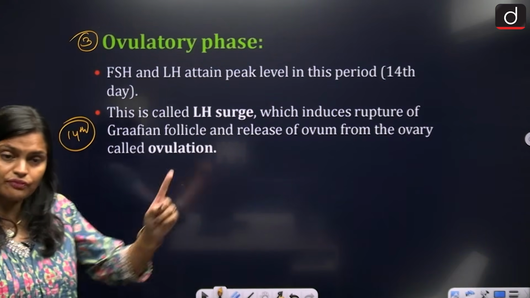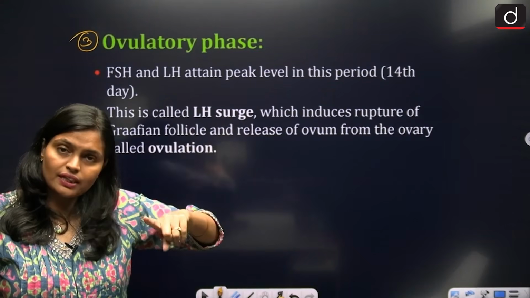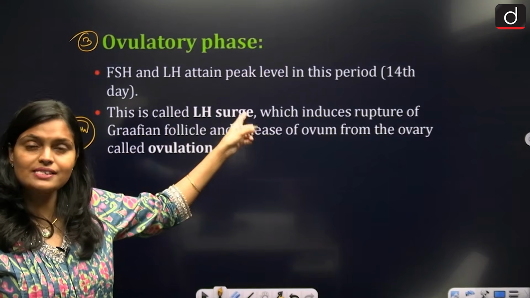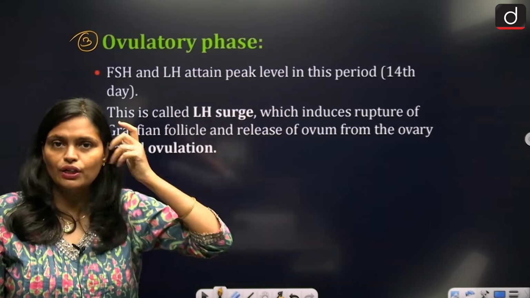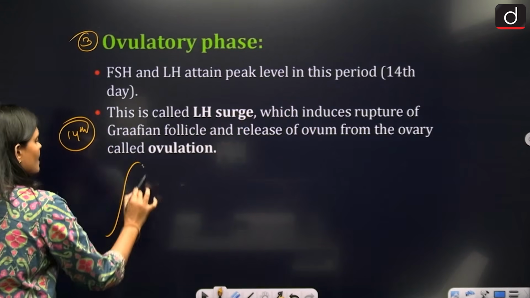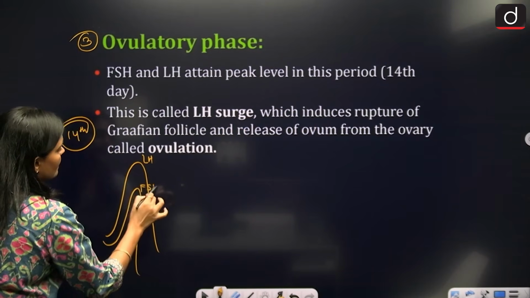The first 5 days are bleeding or menstrual flow, days 5 to 13 are the follicular phase, the 14th day is the ovulatory phase, and after 14 we have the luteal phase. So at the 14th day there is a sudden rise in LH and FSH.